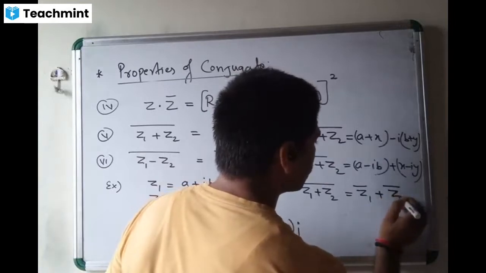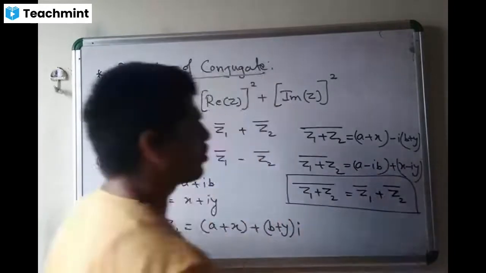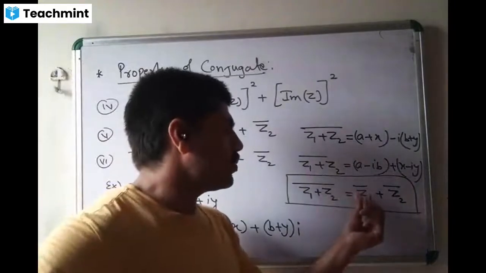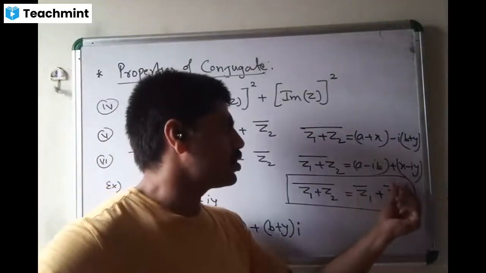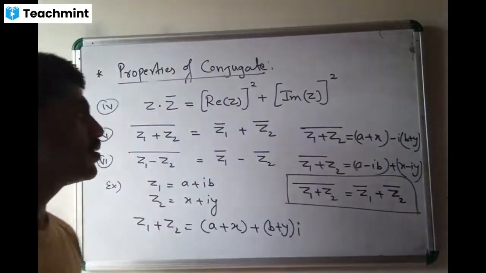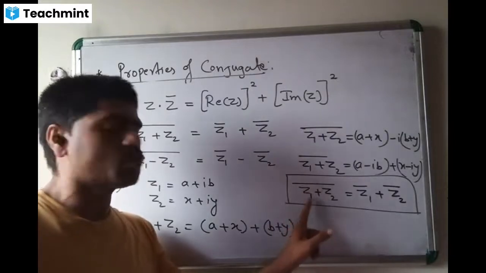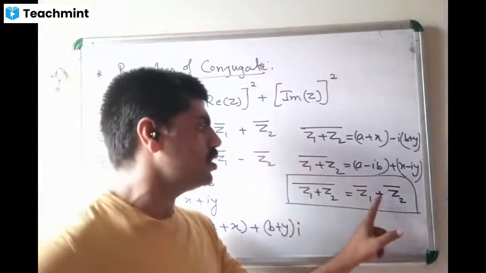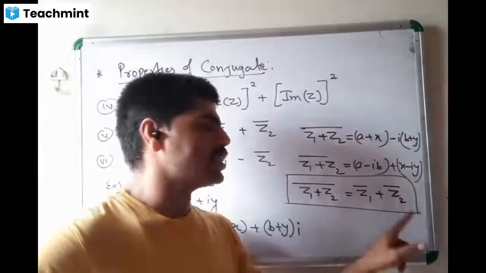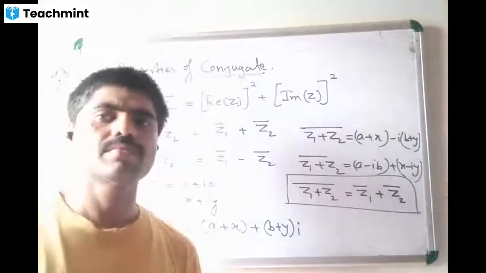So the conjugate of the sum of two numbers is equal to conjugate of the first complex number plus conjugate of the second complex number. This is called the conjugate of the sum of the two complex numbers, and this is equal to the sum of the conjugates of the first and second complex numbers. Isn't it?